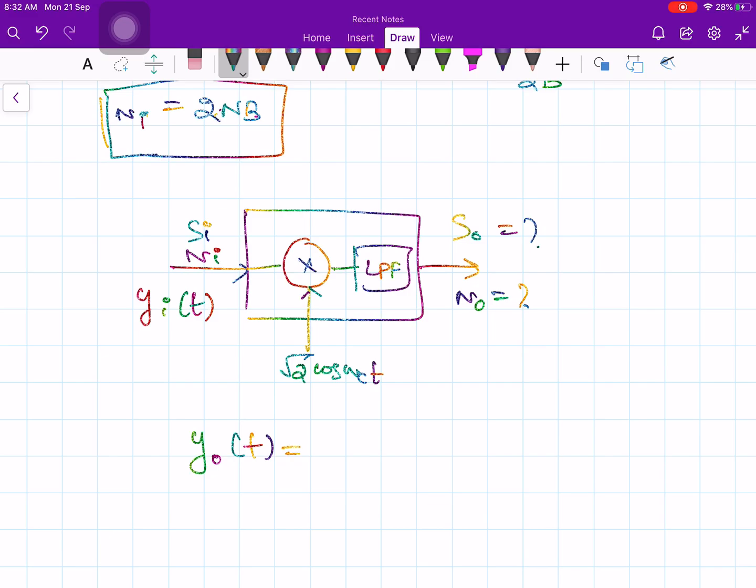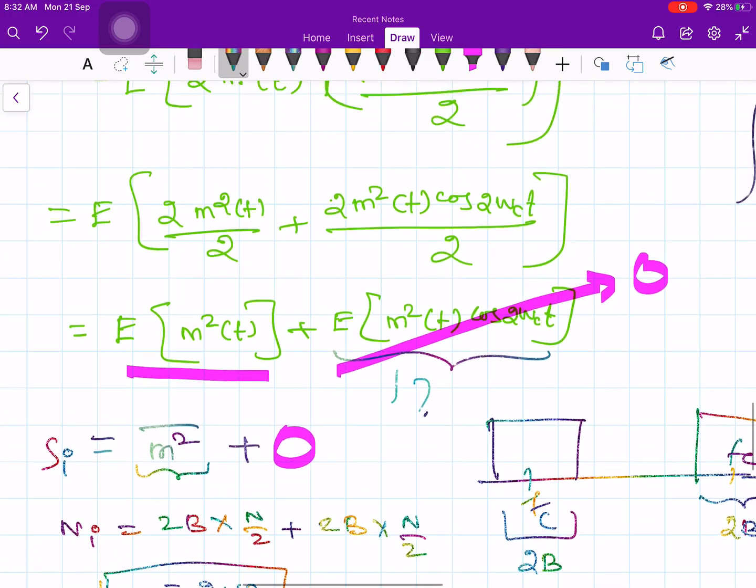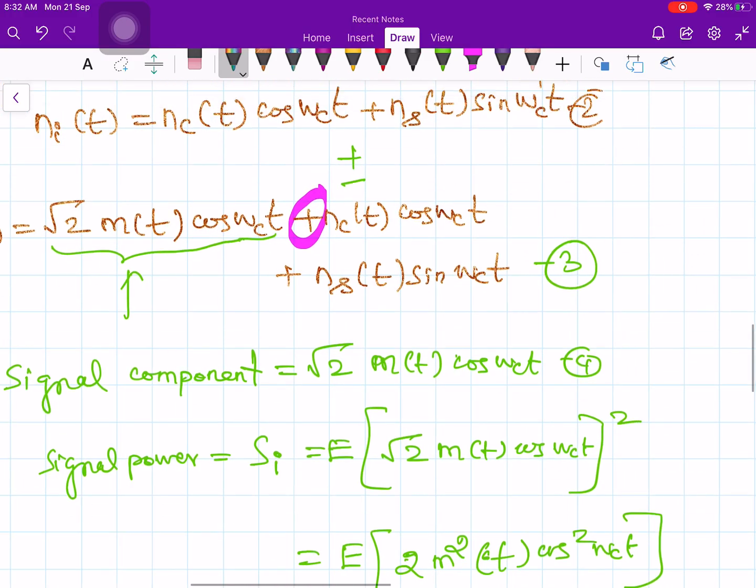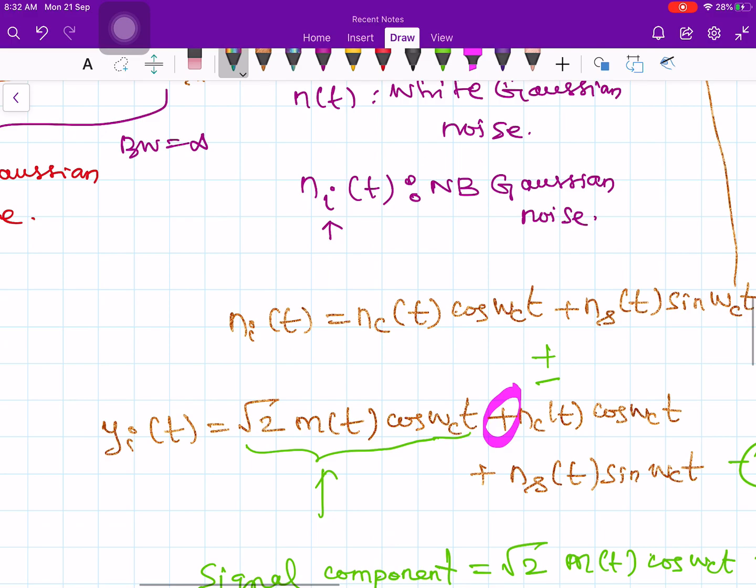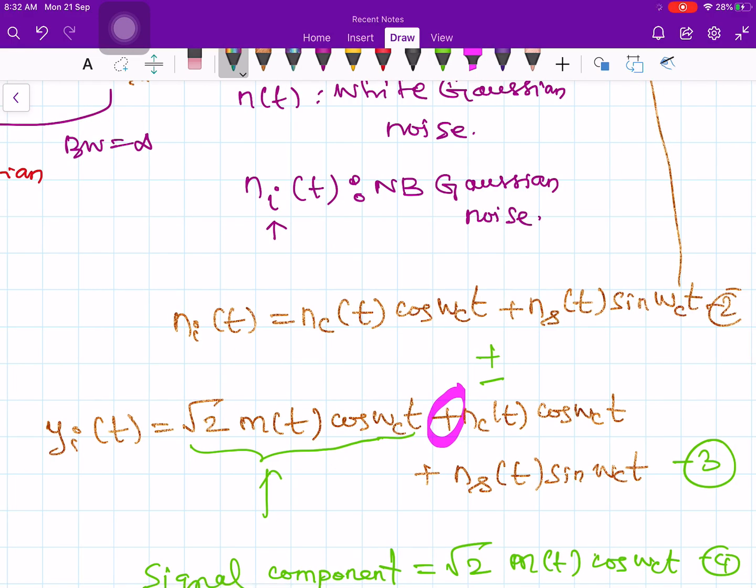How do you calculate Y0 of t? Y0 of t is equal to Yi of t multiplied by root 2 cos omega ct, and Yi of t I already wrote here. Yi of t is equal to root 2 times m of t cos omega ct plus nc of t cos omega ct plus ns of t sin omega ct.